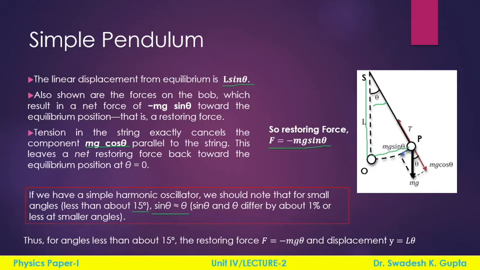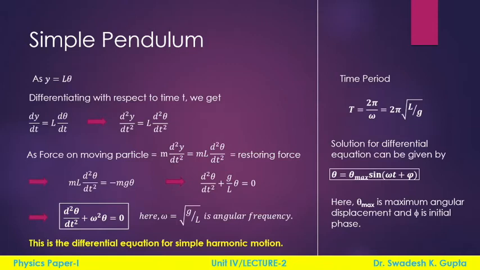So in that case, we can directly put theta in place of sine theta. So L sine theta will become L theta, and mg sine theta will become mg theta. So the displacement is equal to L theta.